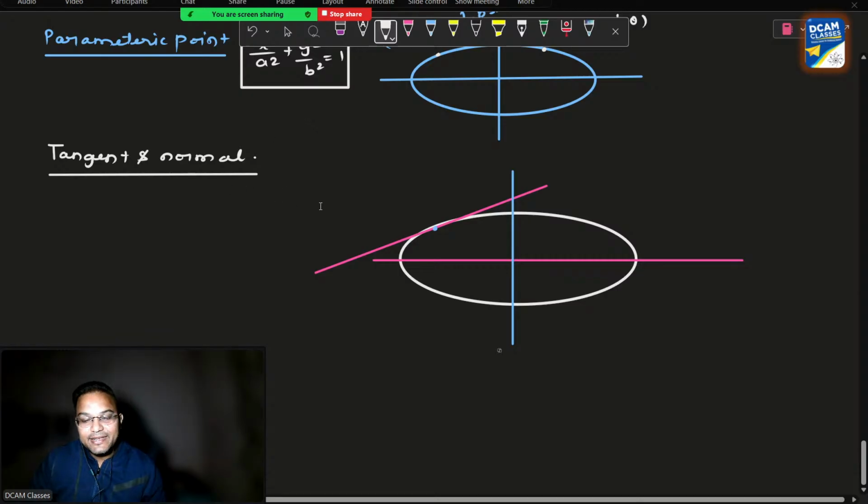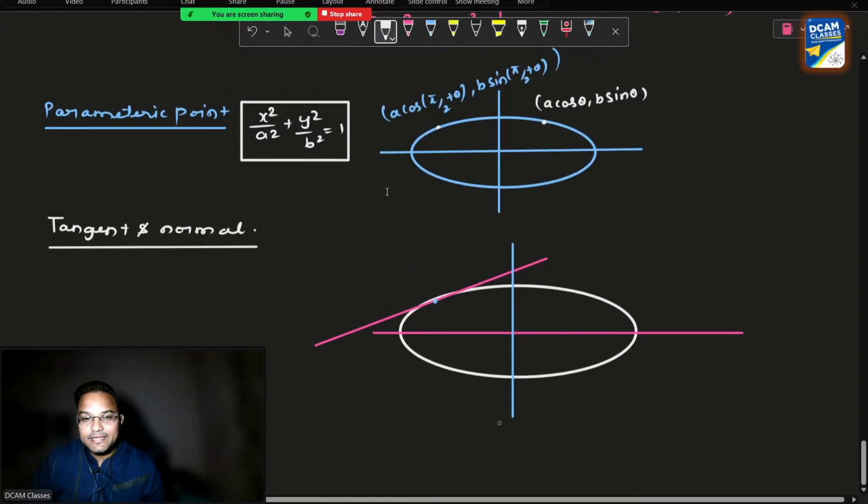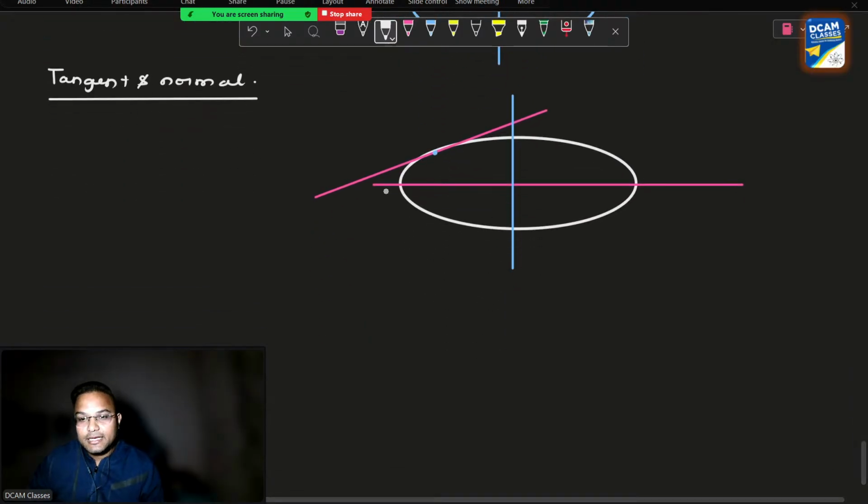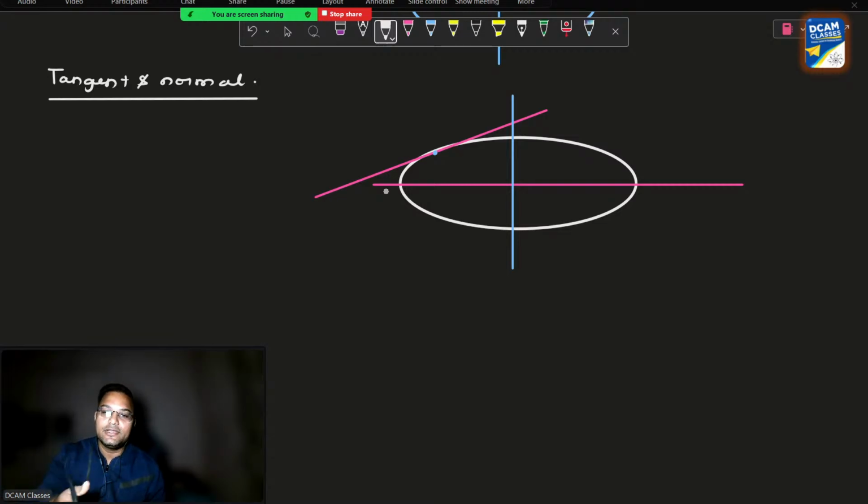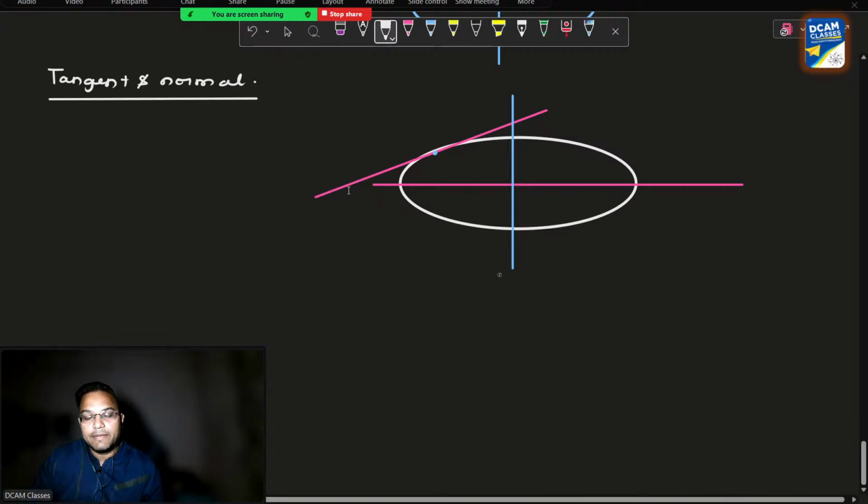Tangent and normal. What we were doing, tangent and normal. The same tricks that we used in the earlier cases apply here. Suppose we have a point x1 comma y1.